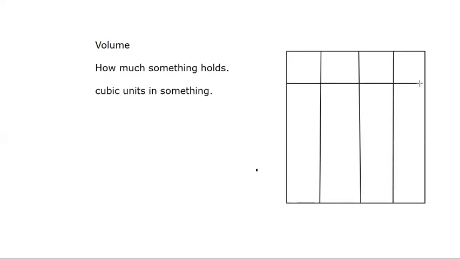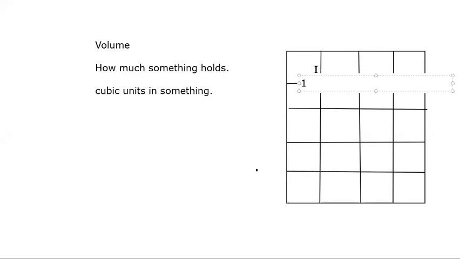So if we look at this, you could see right off that the area of this is 20. Base times height, 4 times 5, but it's 20 square units because each one of these has a dimension of 1 by 1.